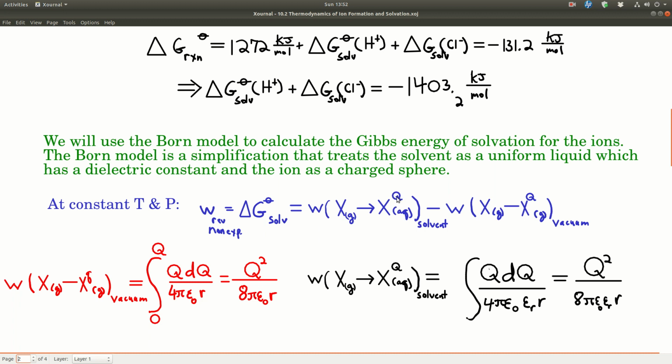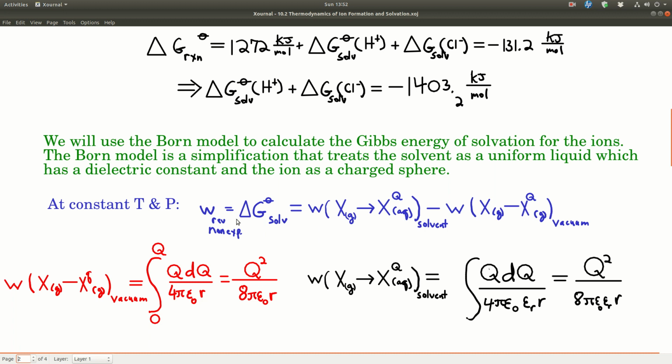Q here stands for the charge, so +1 for hydrogen, -1 for chlorine, or whatever. That is aqueous, in the solvent, minus the amount of work it takes to remove that electron from that atom in the gaseous state. So the idea is we remove or add the electrons, and then solvate it. And here it's just how much work to either remove or add the electrons. So the difference between the two is the work done on or by the system by solvating that ion, which is what we're looking for.